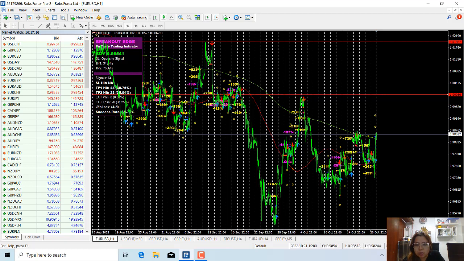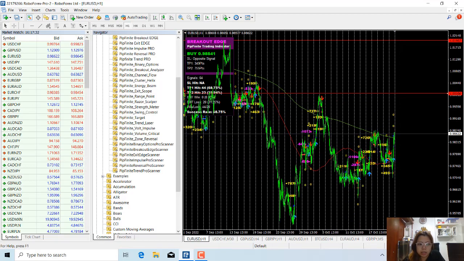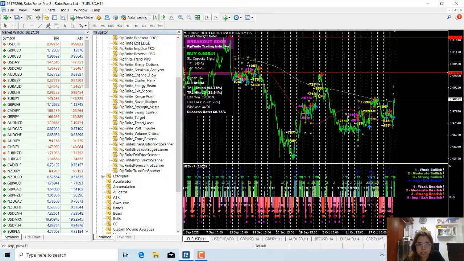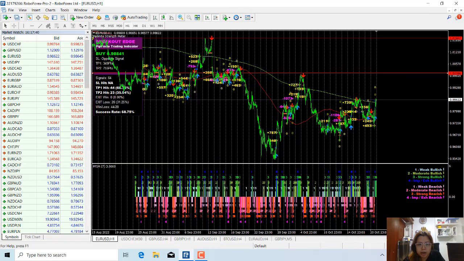If you're going to execute a buy order right now, this is a good opportunity to do so because you would notice that we have a setup right here for the H1 time frame with Breakout Edge plus Strength Meter.